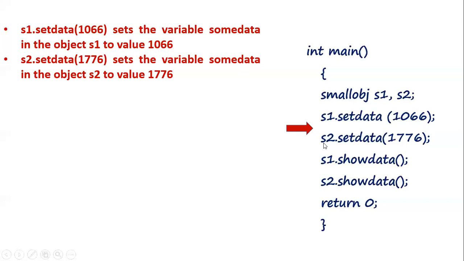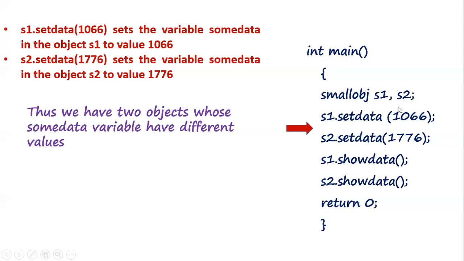Similarly, S2 dot set data 1776 sets the variable some data in the object S2 to the value 1776. Thus we have two objects whose some data variables have two different values. Since both are objects of the class small obj, both of them will have the some data variable, but it will have two different values.